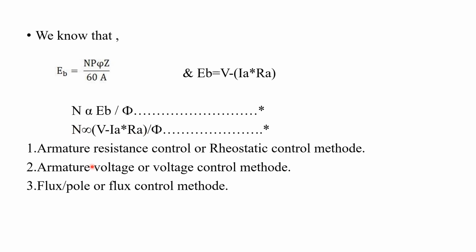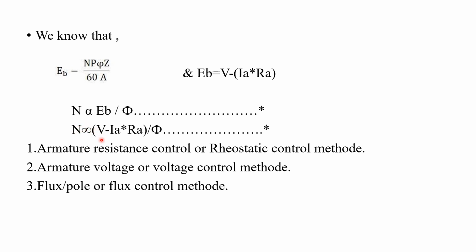And the second method is armature voltage or voltage control method. From this equation, if the applied voltage increases, then clearly the speed will also increase. If the applied voltage or the terminal voltage across the motor decreases, then what will happen to the speed of the motor? It will decrease.